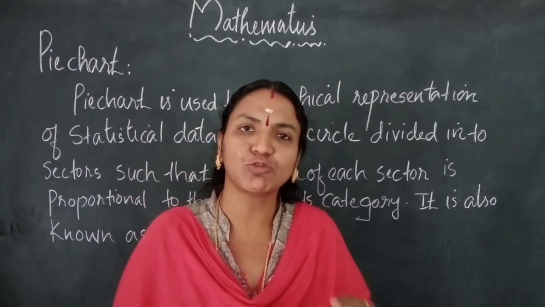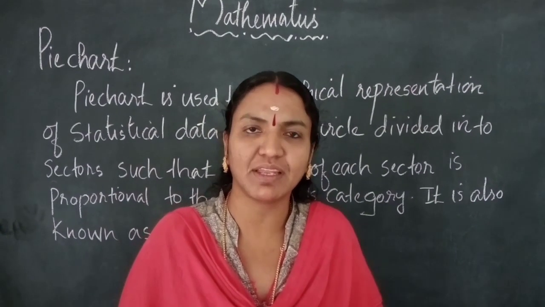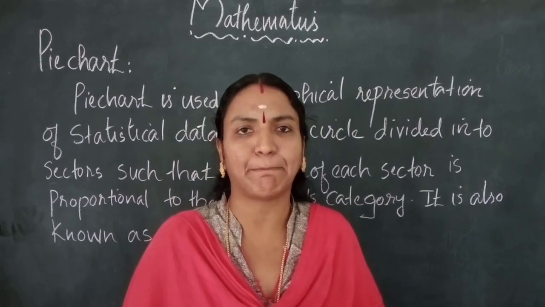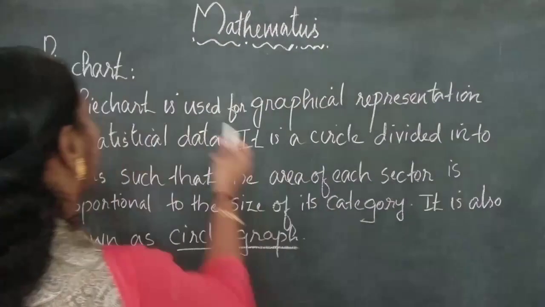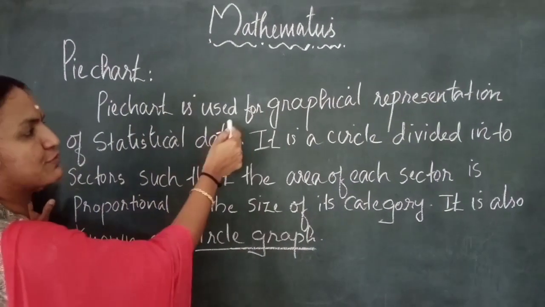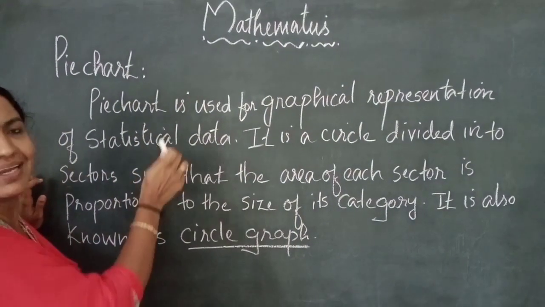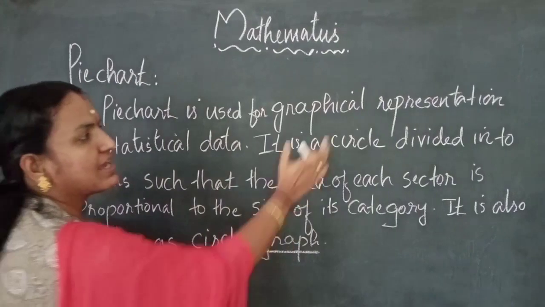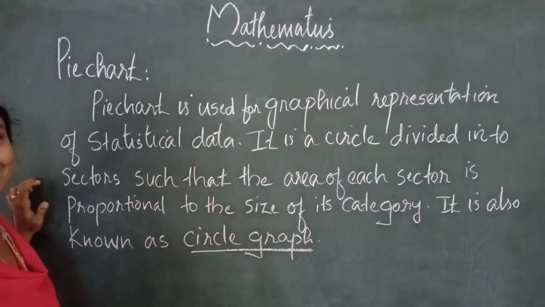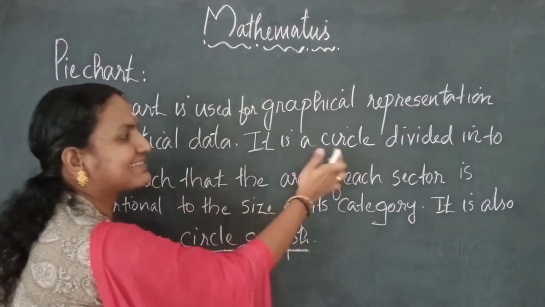Pie chart is used to show the relationship between whole and its parts. It is used for graphical representation of statistical data. It is a circle.